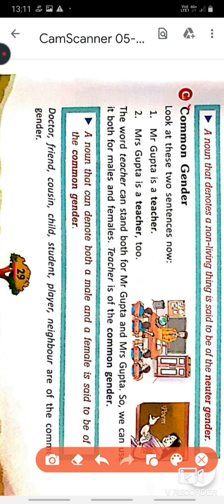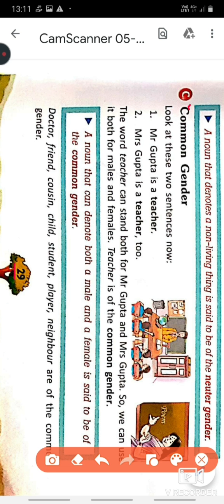There is Manav sir in the school, Sanjay sir, and many other sirs. Same way, there are teachers like Bindu ma'am, Kavita ma'am, Shelja ma'am, they are females. So these nouns, suitable both for a male and a female, are known as common gender.